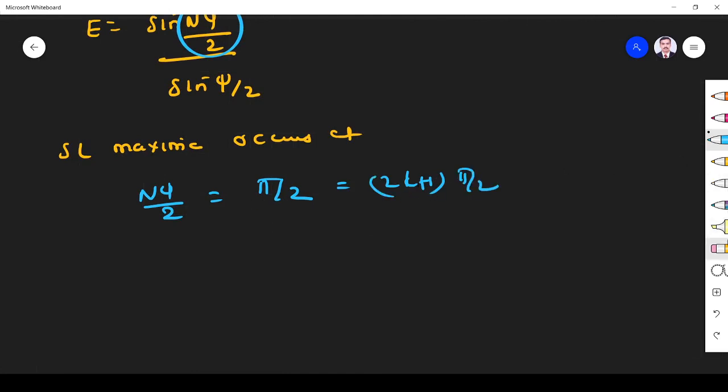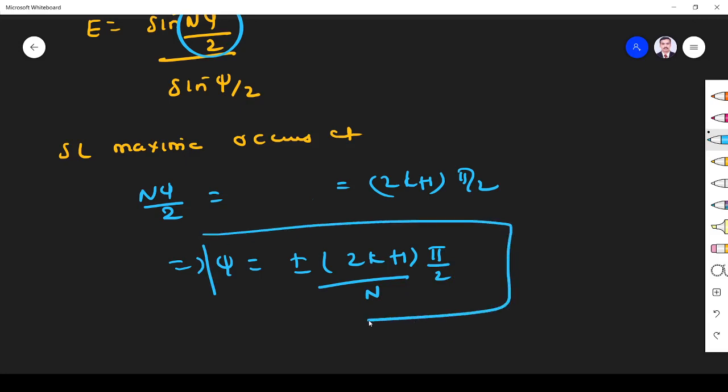So psi is equal to plus or minus 2k plus 1 pi by 2 divided by n. Clear? This is how we find the direction of the side lobe local maxima.